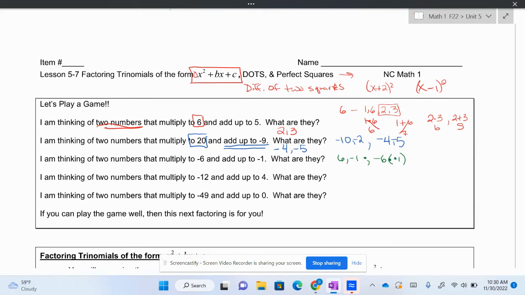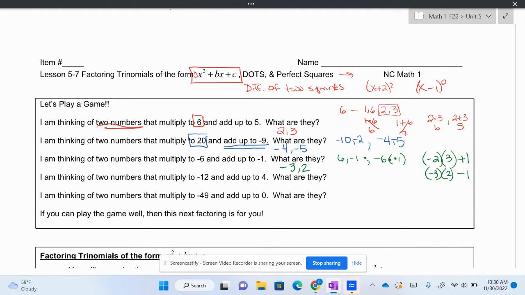Let's see, those don't add up to a negative 1. What about negative 2 and positive 3? If I multiply those together, that gives me a negative 6, but that adds up to a positive 1. So that means it's got to be negative 3 times positive 2. Negative 3 times positive 2 is negative 6, and when I add those together, I get negative 1. So my factors are negative 3 and 2.